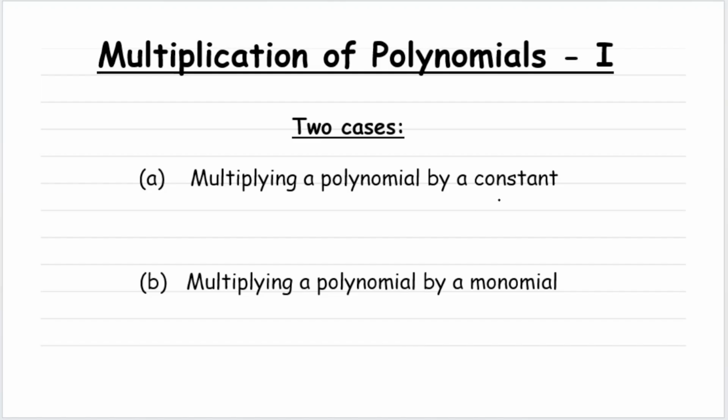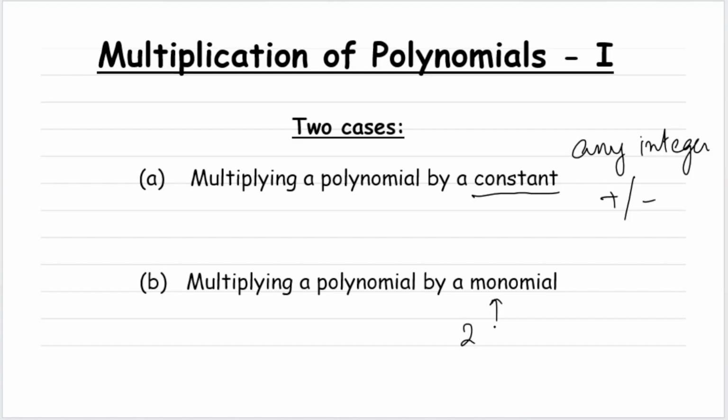Now, what is constant? Constant means any integer, positive or negative. Positive 7, negative 7, minus 2, 3, 4, 100. All these numbers are constant. And what is monomial? Monomial means polynomial with a single term.